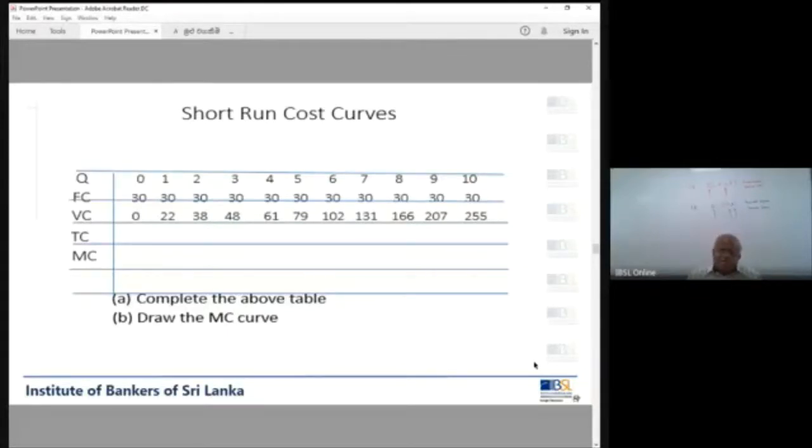TC, you add FC and VC. MC, we calculate change in TC divided by change in output. Can easily do that.